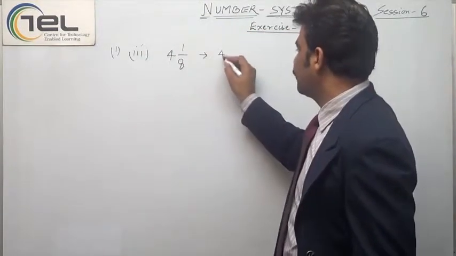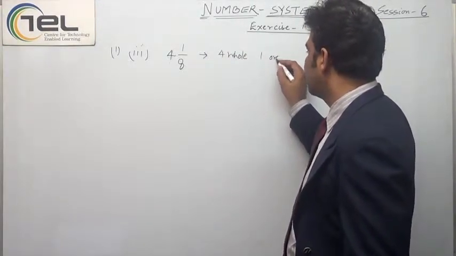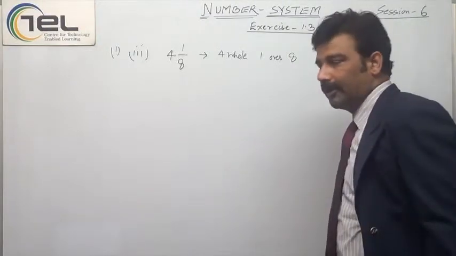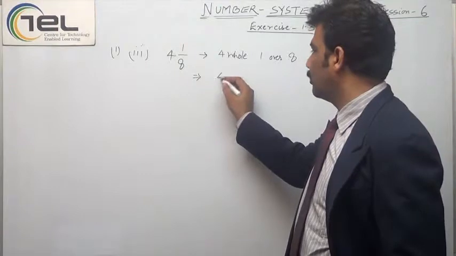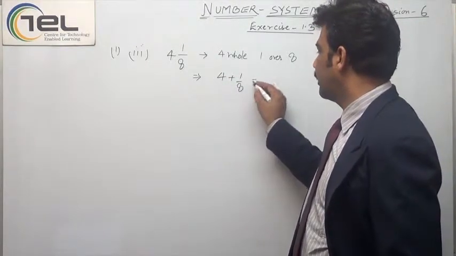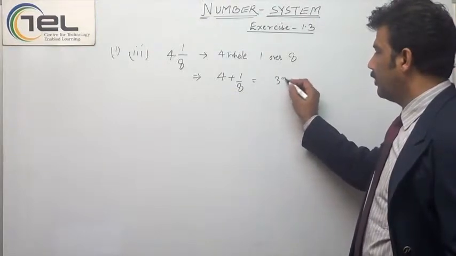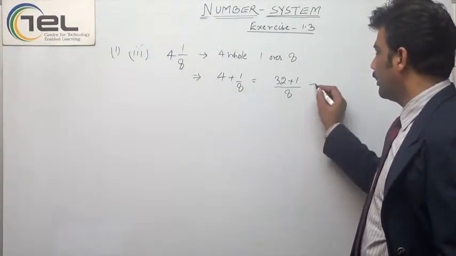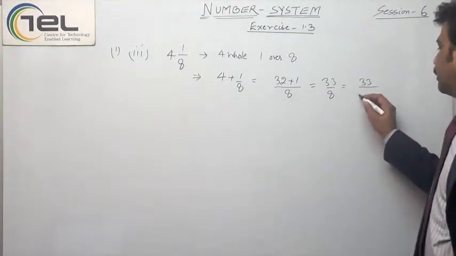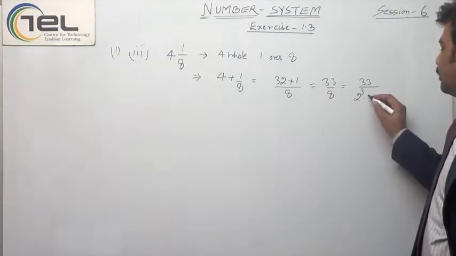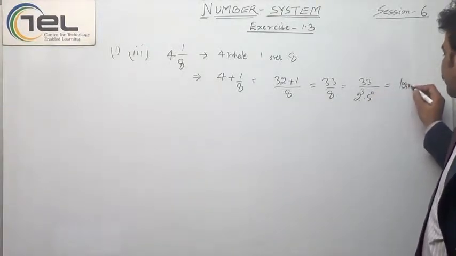So it is 4 plus 1 by 8, which is 32 plus 1 by 8, that is 33 by 8. Now 8 can be represented as 2 raised to the power 3 into 5 raised to the power 0. So it is terminating.